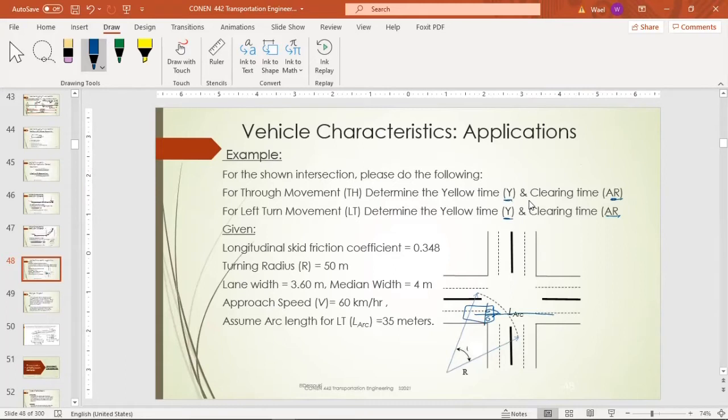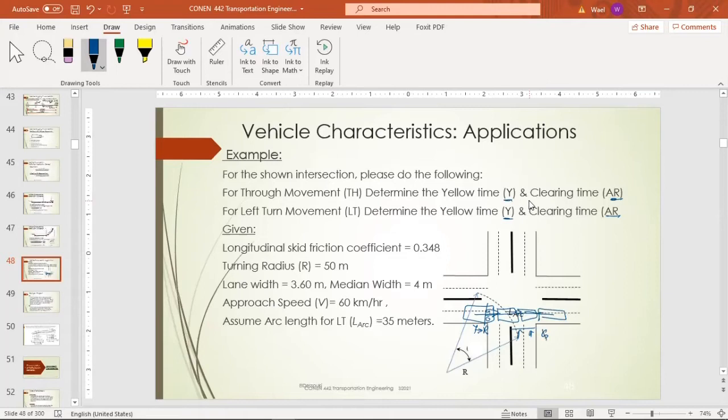So it's yellow. Once the front axle of the vehicle crosses the line, it turns red. The other opposing movement, for example, here, is not going to turn green until we make sure that the vehicle going this way has crossed and cleared the intersection.